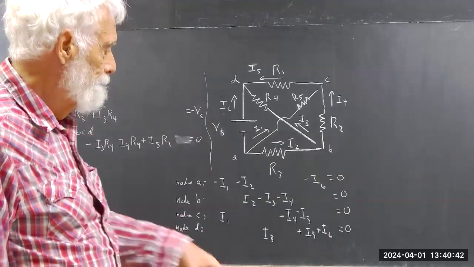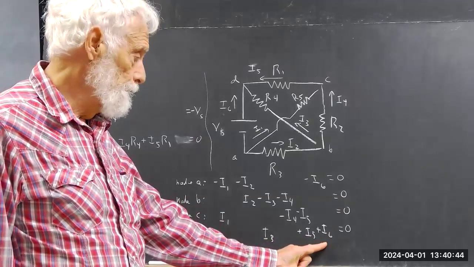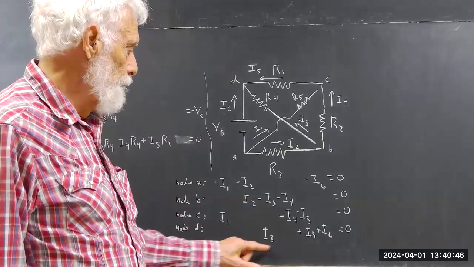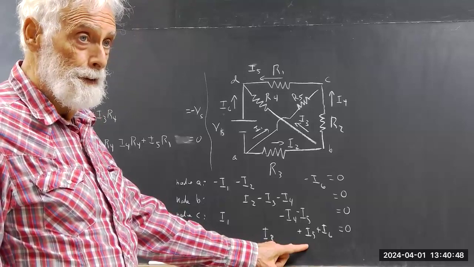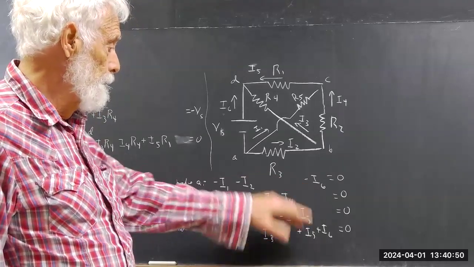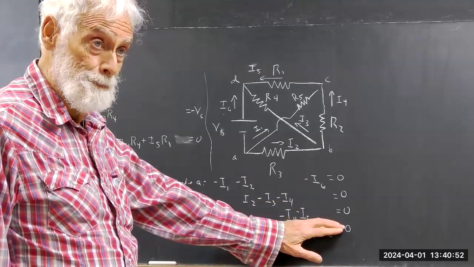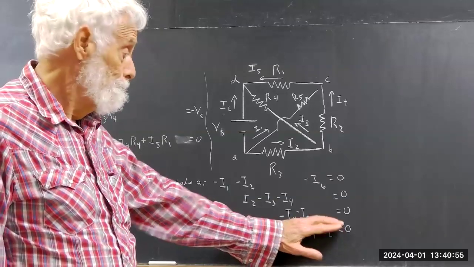For example, pick an I6: I say I6 is negative I3 plus I5, and I can replace I6 up here, then I have 3 equations, okay?